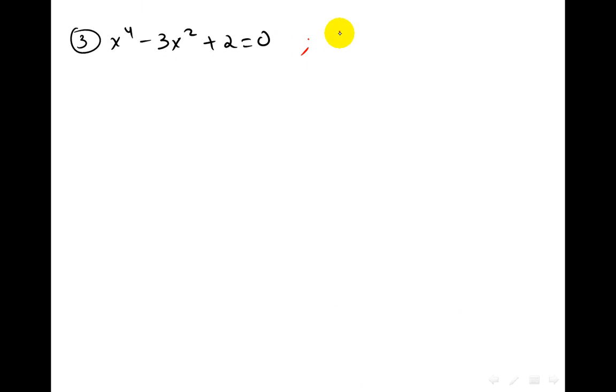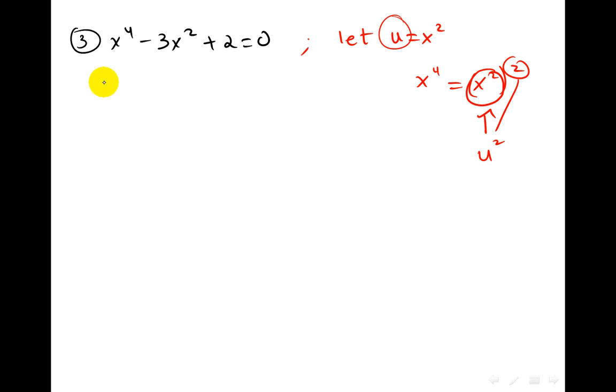I can say let u equal x squared. So if u is x squared, this x to the power of 4 means what? X to the power of 2 again to the power of 2, and this x to the power of 2 can be changed by u, so it will be u squared minus 3u plus 2 equals what? 0.